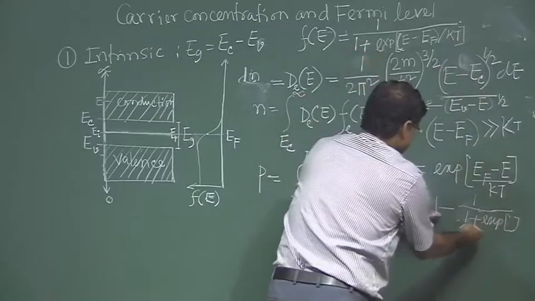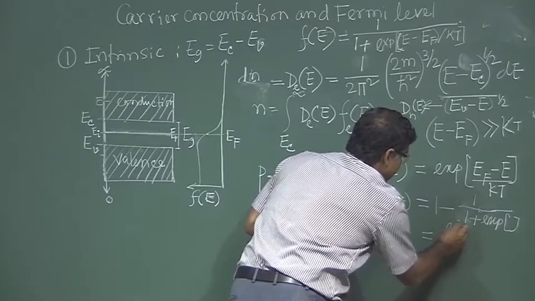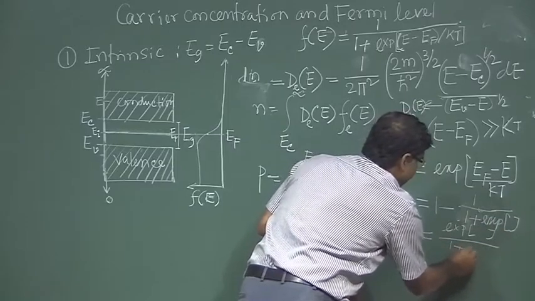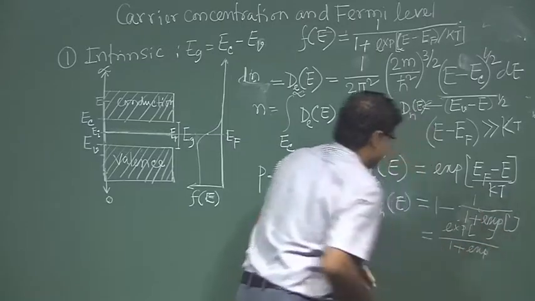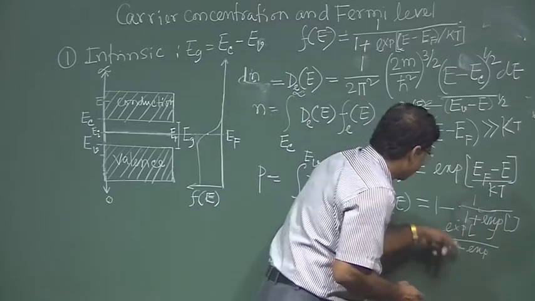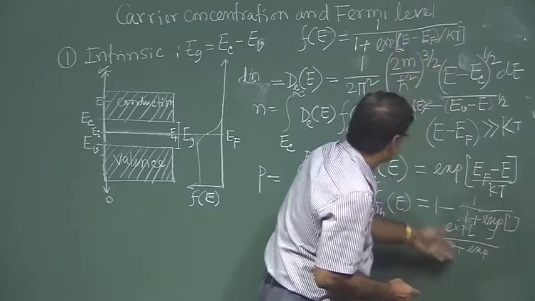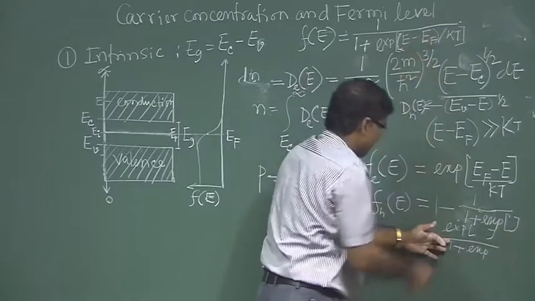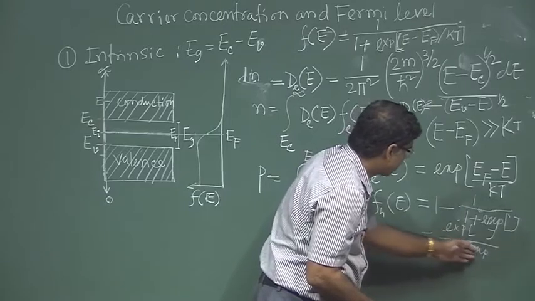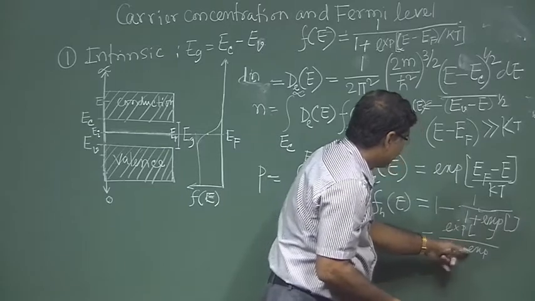So, this it will give you e to the power exponential this term divided by 1 plus exponential this term, right. So, if you divide it by this, 1 by exponential plus 1 by exponential, whatever this sign is there, it will just reverse: EF minus E. Okay. So, EF minus E plus 1 by, okay. So, EF minus E.